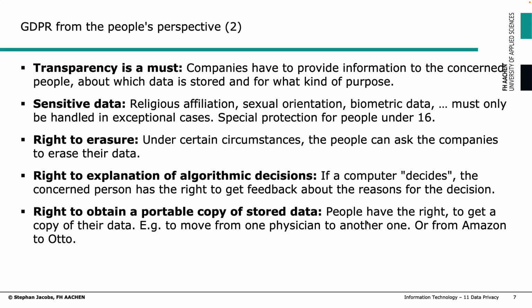So for example, if you have a look in the impressum of a website and you go there to the data privacy declaration, you often see information like we store IP addresses and we store when you have been here, and we use this for analyzing customers' behavior. So this kind of information, what data is actually stored and what it is needed for, has to be made public.